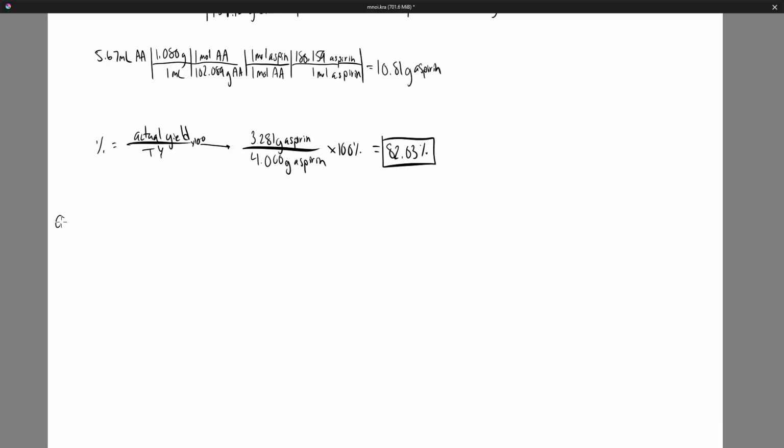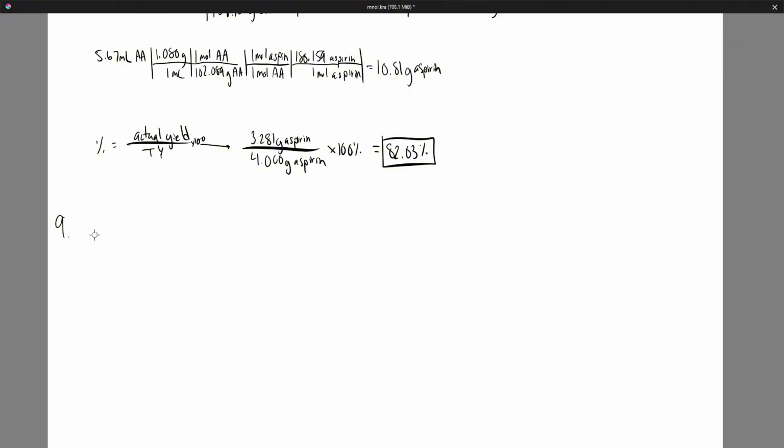Okay, so number 9 says methane, CH4, has a boiling point of negative 164 degrees Celsius at 1 atmosphere and a vapor pressure of 42.8 atmospheres at negative 100 degrees Celsius. What is its heat of vaporization? Okay, so this problem uses the Clausius-Clapeyron equation, which is given to you on the last page of the study guide.